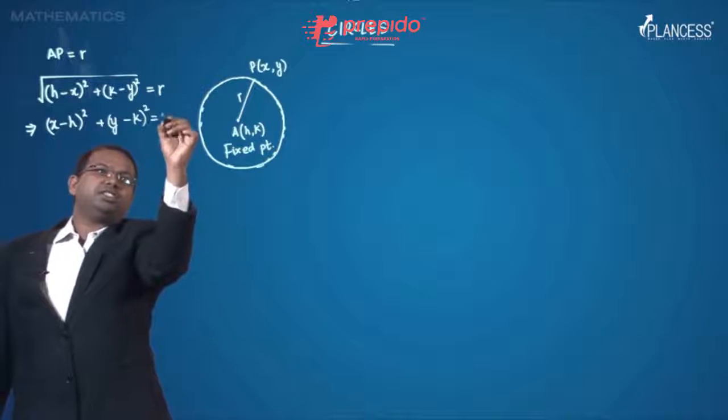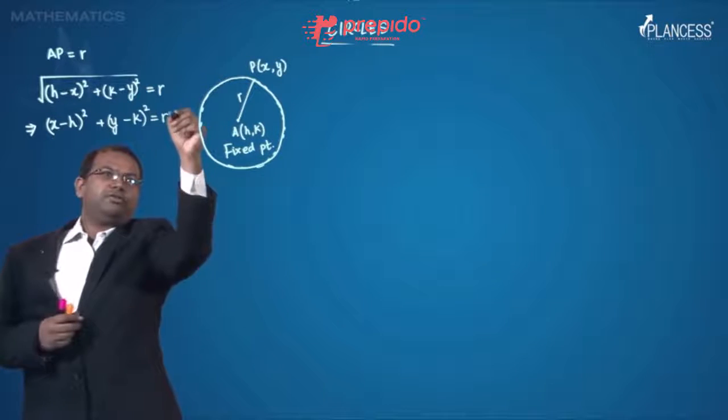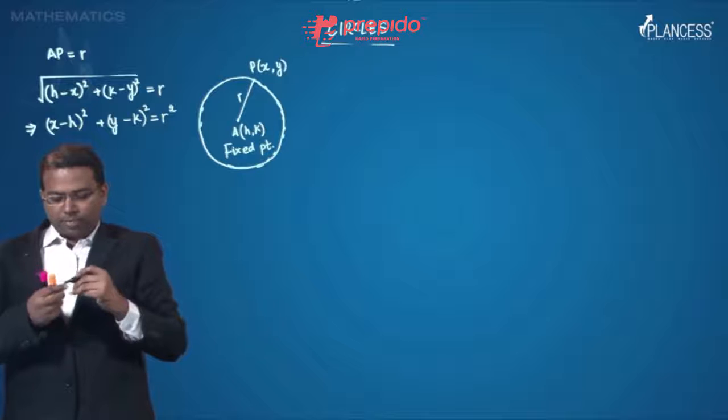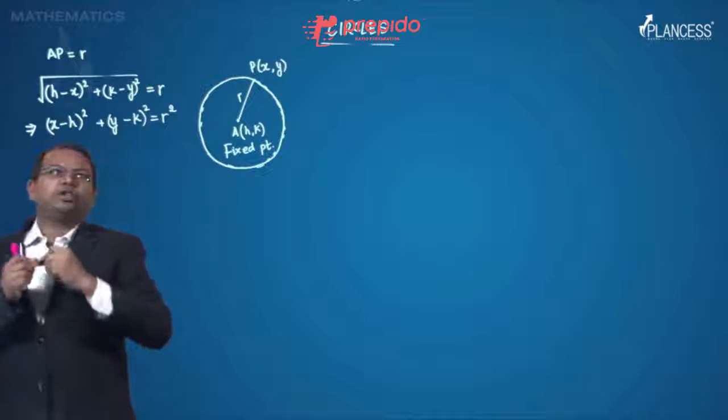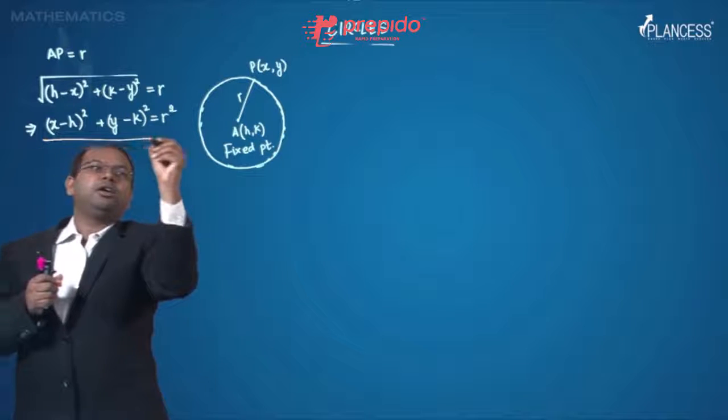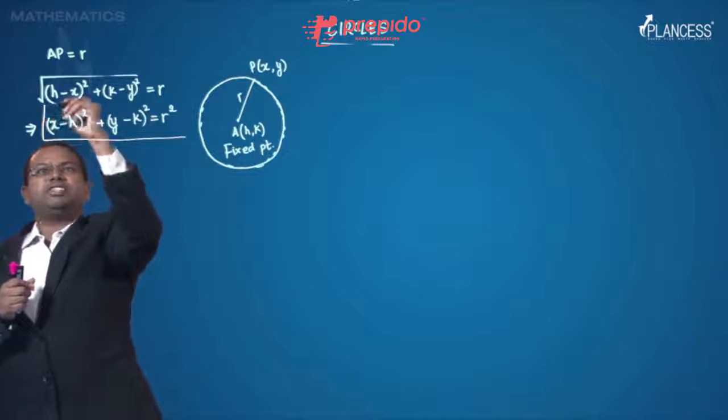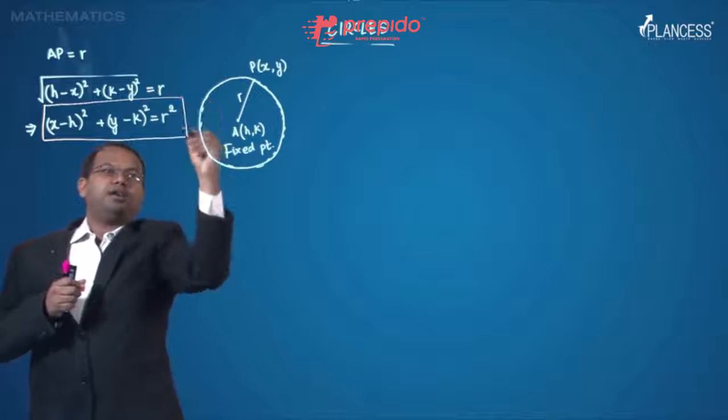So this is the equation of a circle which has center at h, k and which has a radius r.